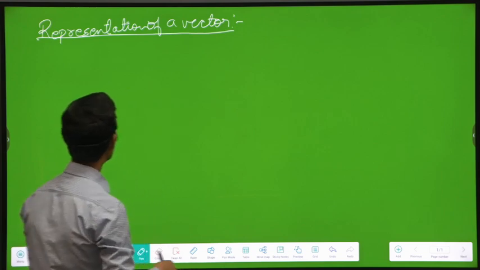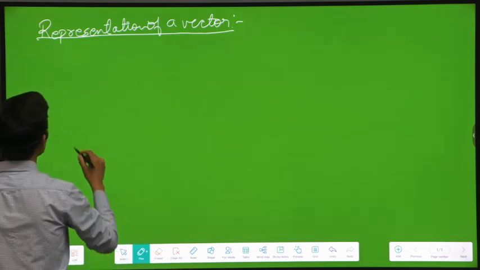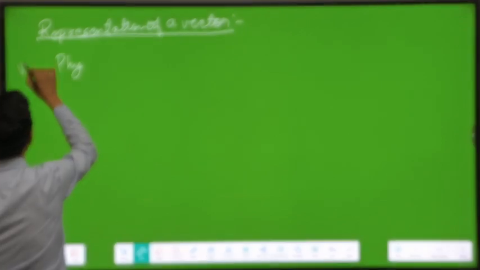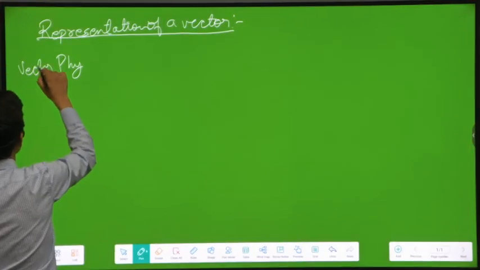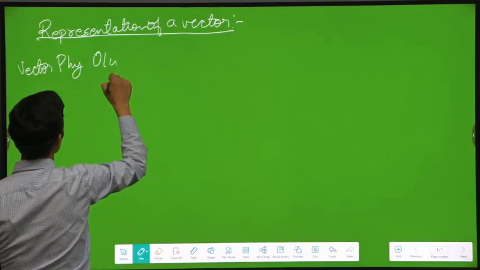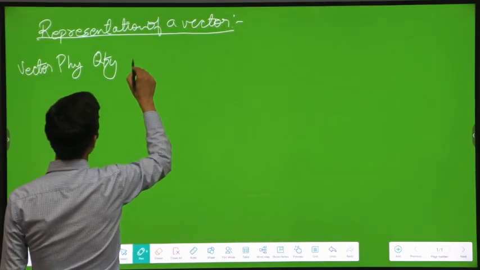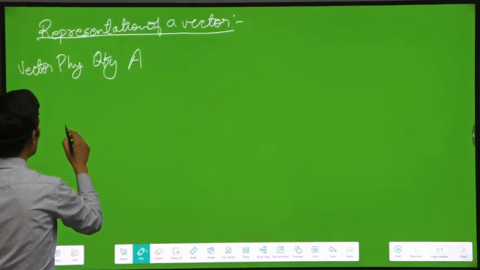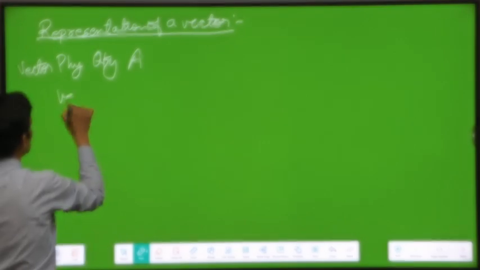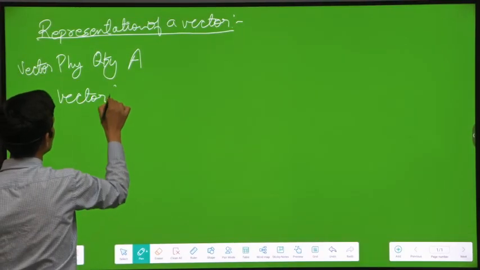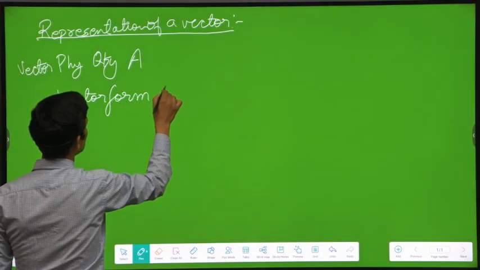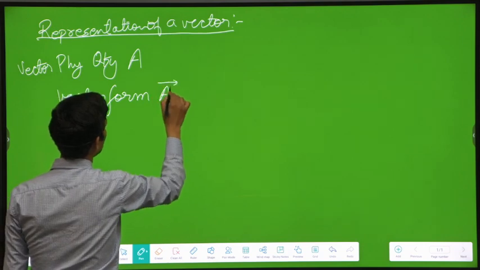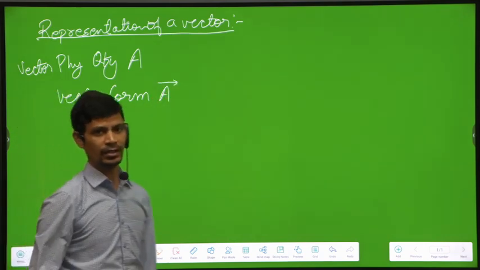If we have a vector physical quantity A, then its vector form is given by A with an arrow over it.